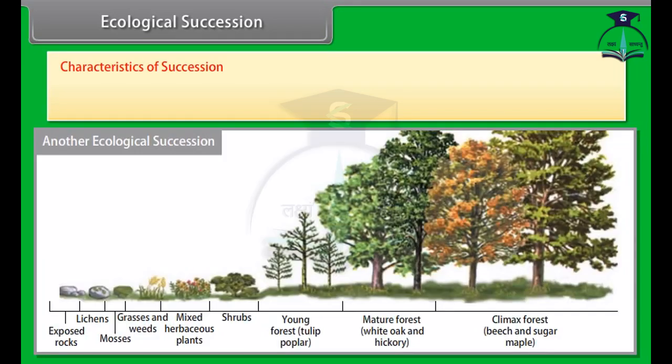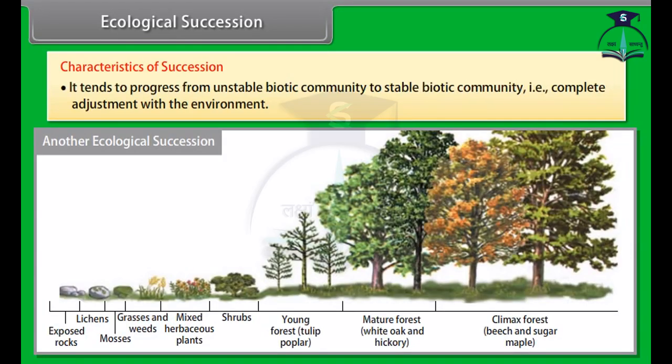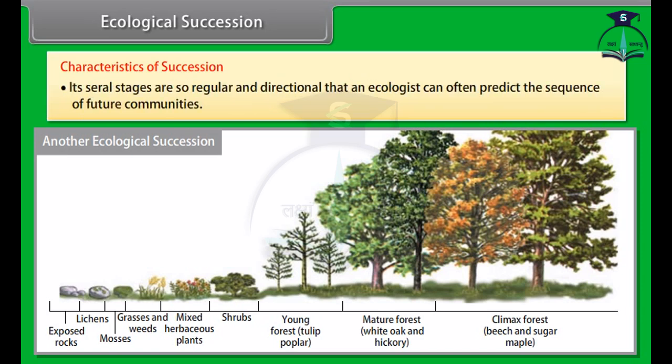Characteristics of succession. It tends to progress from unstable biotic community to stable biotic community, that is, complete adjustment with the environment. Its several stages are so regular and directional that an ecologist can often predict the sequence of future communities.